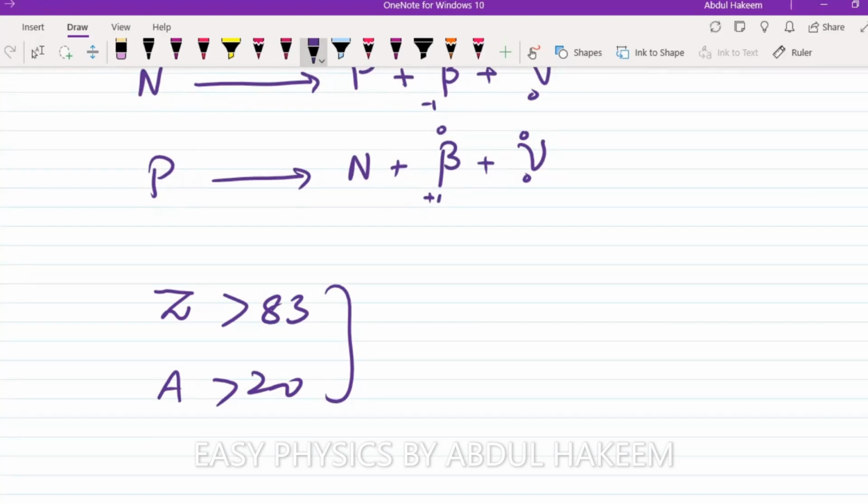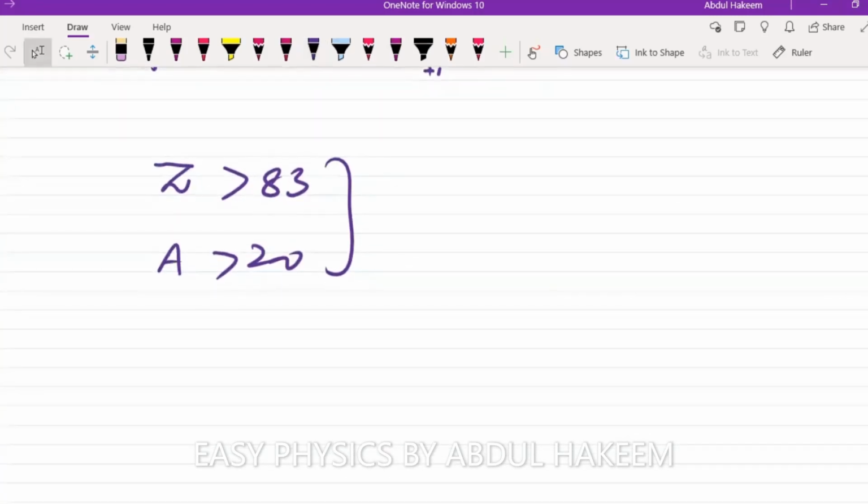And these radiations are alpha, beta, and gamma. And this process is totally random. No one can predict which nucleus will emit radiation next, how many radiations will be emitted, and in what direction. Meaning it's random in terms of number and in terms of direction.